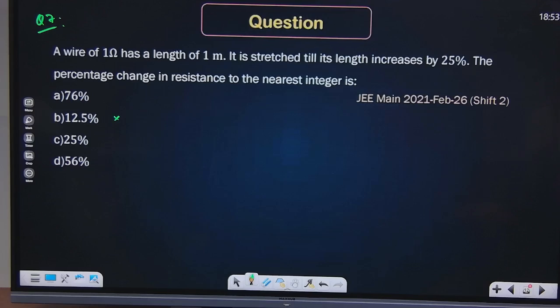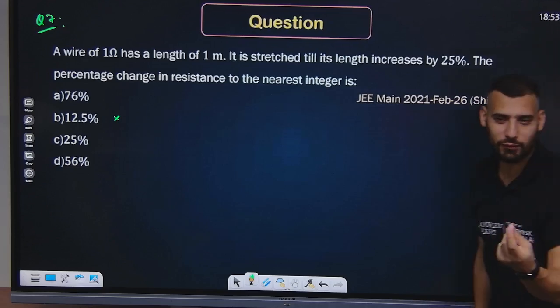L is not equal to 5, you increase it by 5, 1 plus 0.25. So they want to mix. 25. Anyone else with 25? Come on.